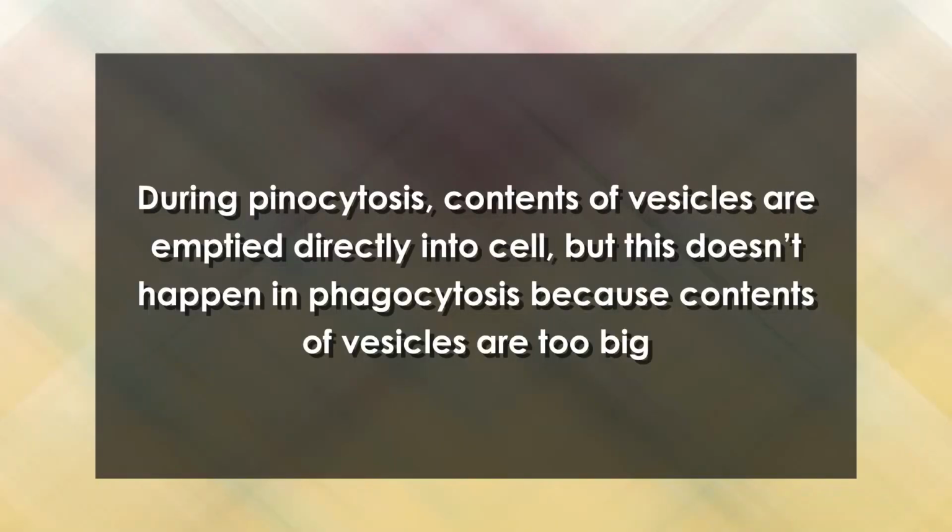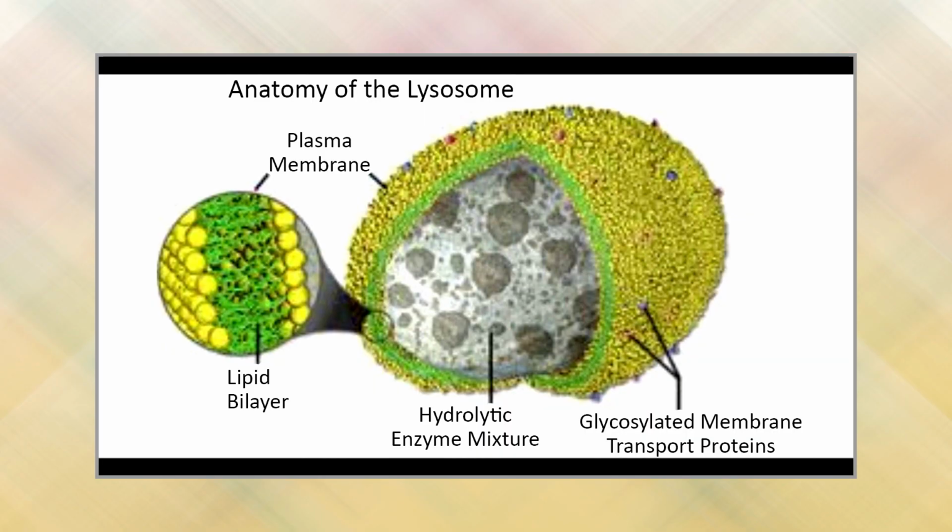Phagocytosis involves the ingestion of solid materials, while pinocytosis involves the ingestion of liquids and solute particles. During pinocytosis, the contents of the vesicles are emptied directly into the cell, but this does not happen in phagocytosis because the contents of the vesicles are too big. Lysosomes must combine with the vesicles to break down the contents. This process does not occur in pinocytosis.